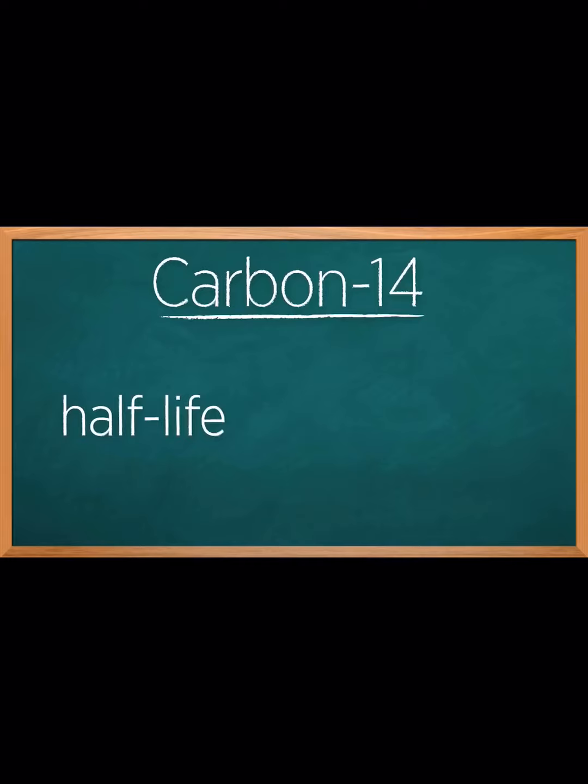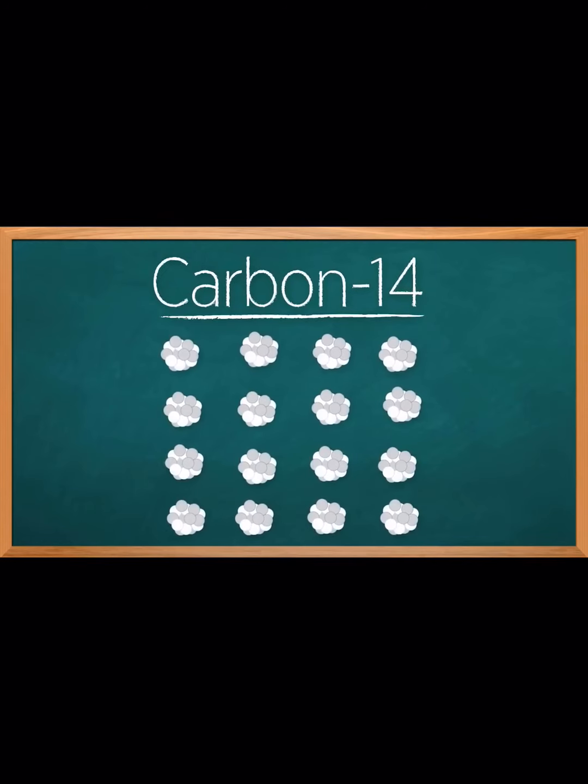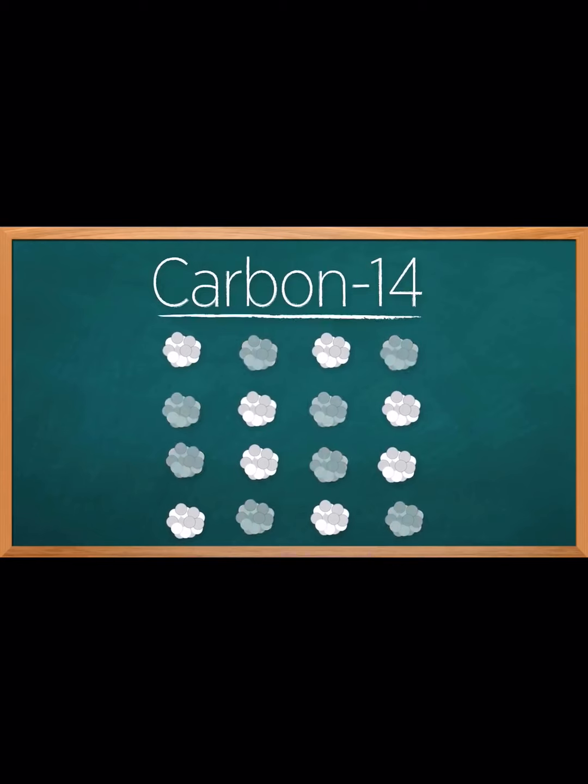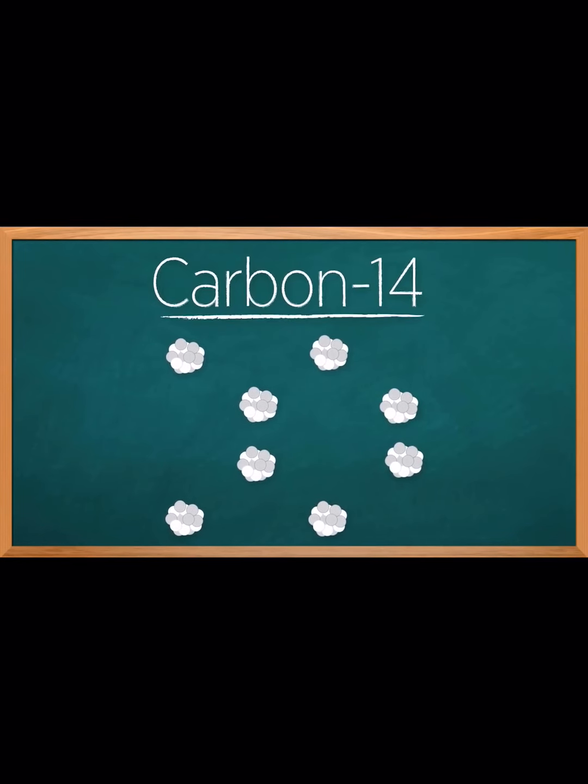Carbon-14, like all radioactive particles, has what's called a half-life. Now, the half-life is the amount of time it takes for the number of radioactive particles in a sample to decrease by half. Carbon-14 has a half-life of 5,730 years. That means that after 5,730 years, the amount of carbon-14 atoms in a, say, plant that you found fossilized will be half of what it was the last time that plant took, well, a breath of life.